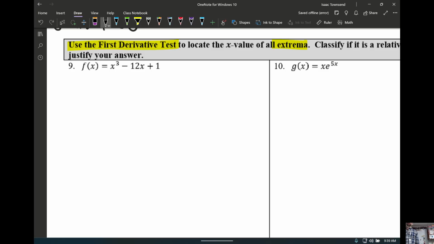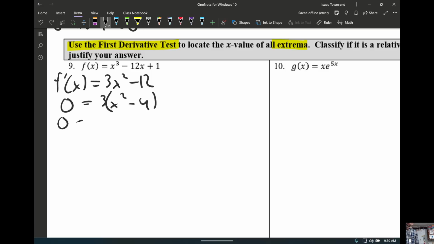You should find the critical numbers, which is where the first derivative is 0 or undefined. So take the first derivative. If it has a denominator with x's in it, you need to set the denominator equal to 0 to figure out where it's undefined.